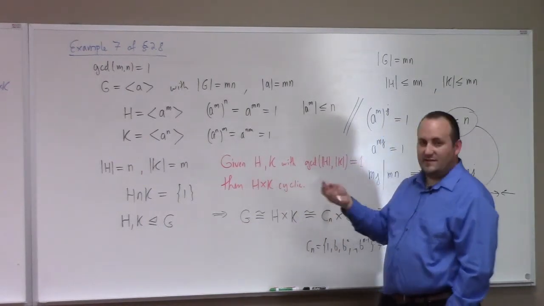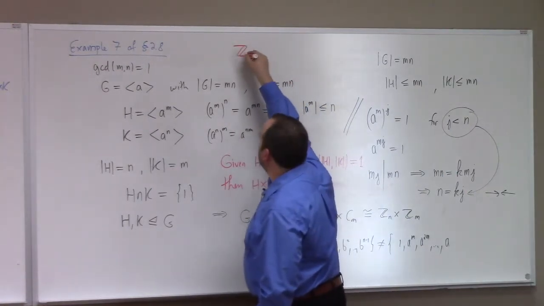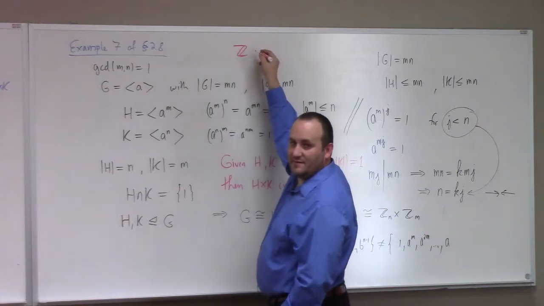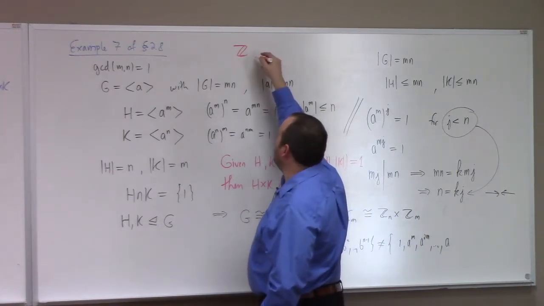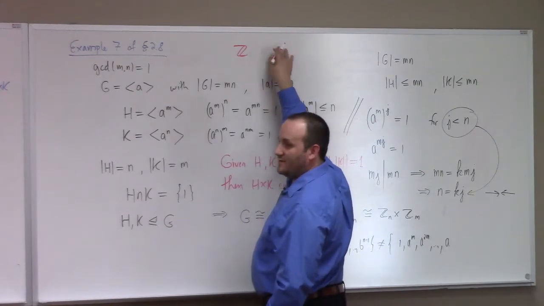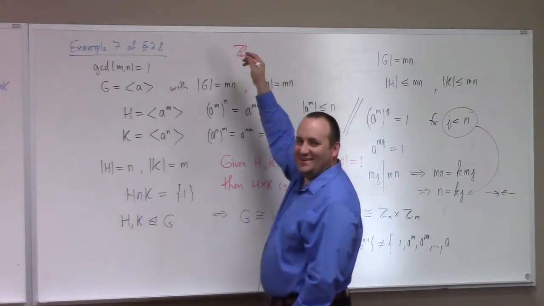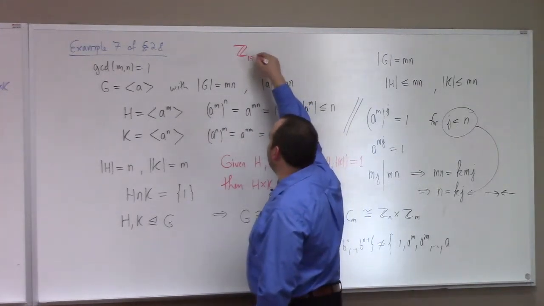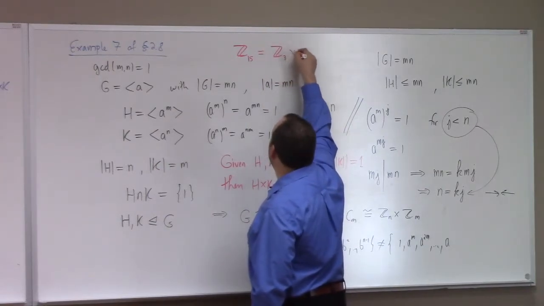So it's the opposite direction, and it allows me to do things like say, pick your favorite two relatively prime numbers. What do you want? 7 times 13? All right, 3 and 5. Well, that's boring. So this is Z3 cross Z5.